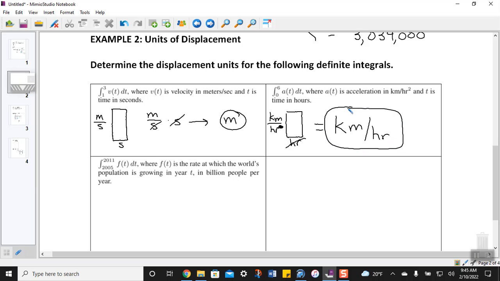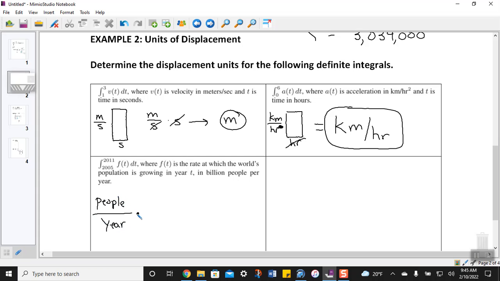Yeah. Okay. Next one says the integral from 2005 to 2011 of f of t dt, where f of t is the rate at which the world's population is growing. So people per what? Year. In billions, so billions of people per year, and t is measured in years, okay? So this is going to be people per year, times what, kids?